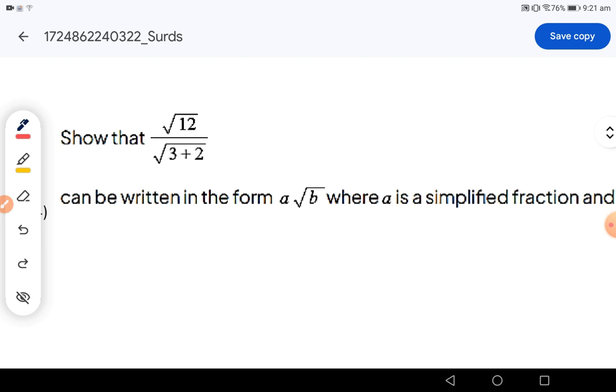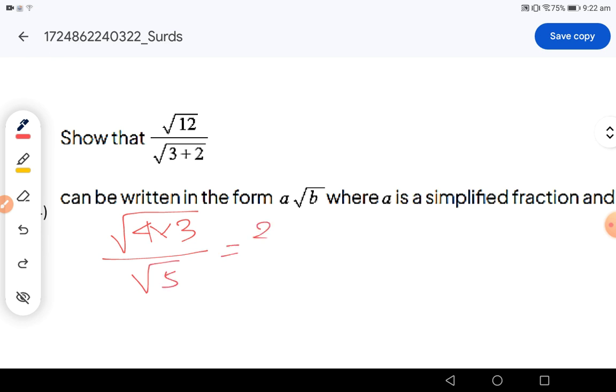Show that root 12 by root 3 plus 2. Root 12 can be written as 4 into 3, and this one root 5.